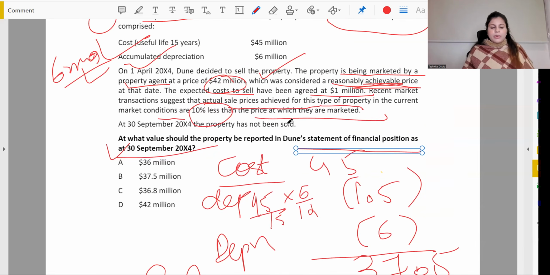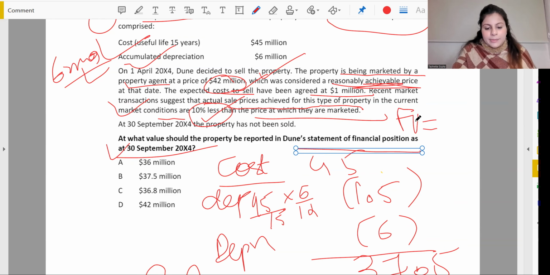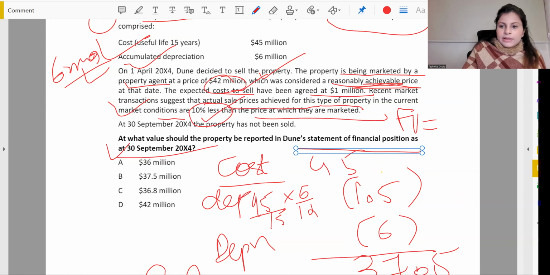So that you can understand what amount is to be reported, you will take current market conditions. My current fair value is 42 million, but as of now you can sell it at a 10% lower amount. So what is your fair value? 42 million at 90% is 37,800.